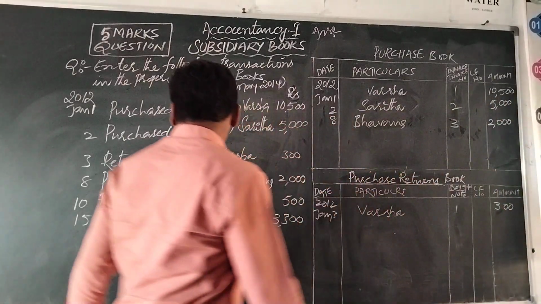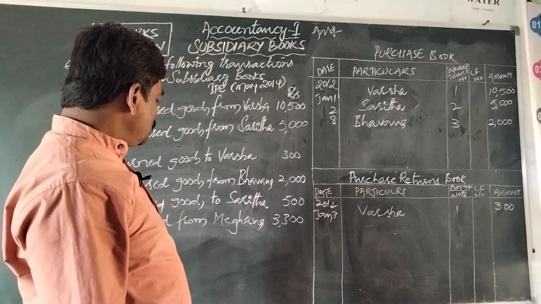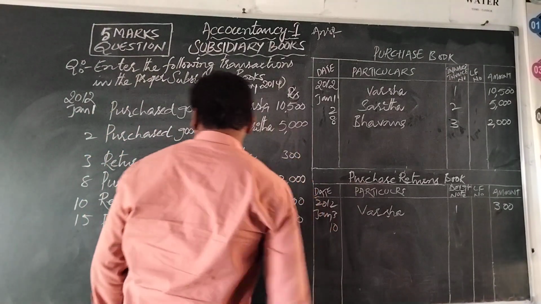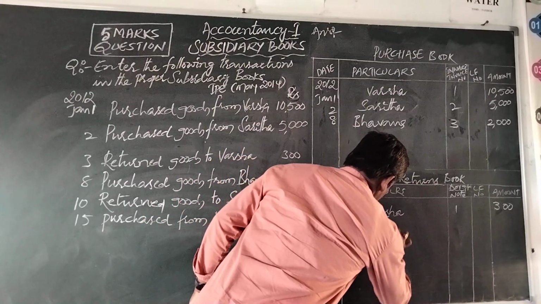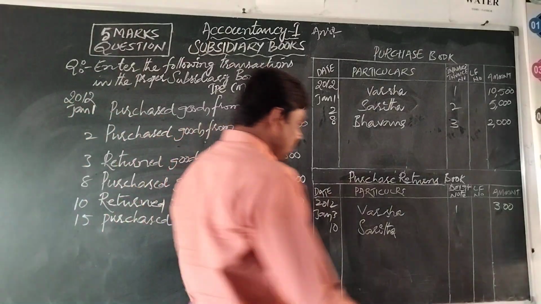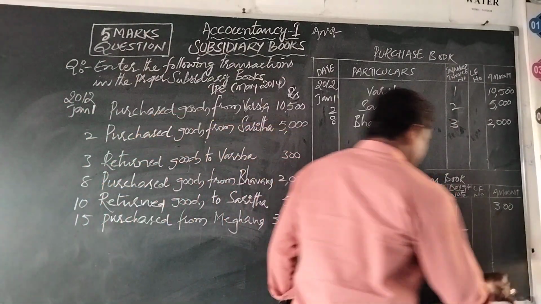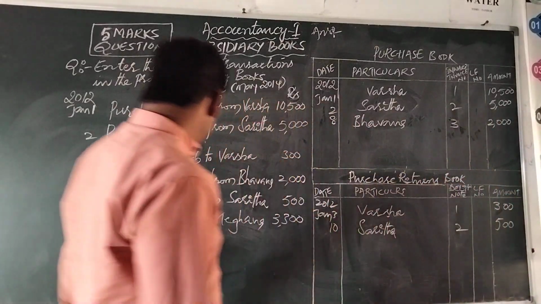Come to the next one. Return goods to Sarita. Date 10th, Sarita, and debit note number 2. Amount of rupees 500.